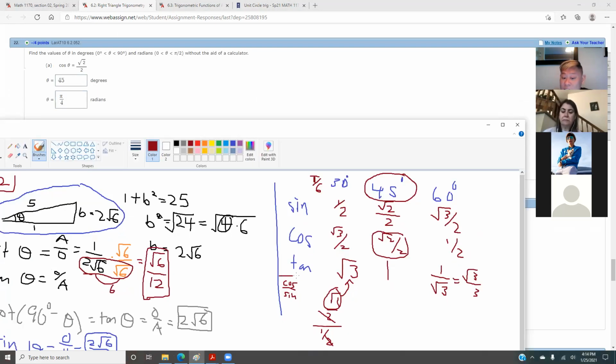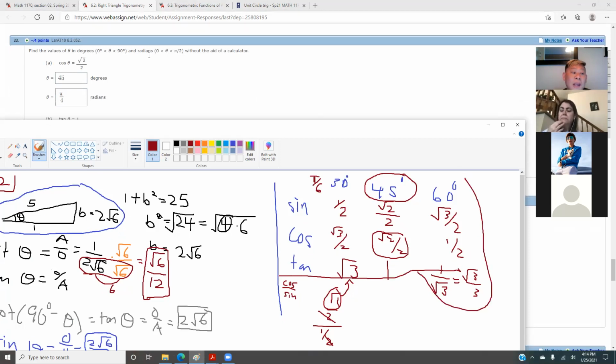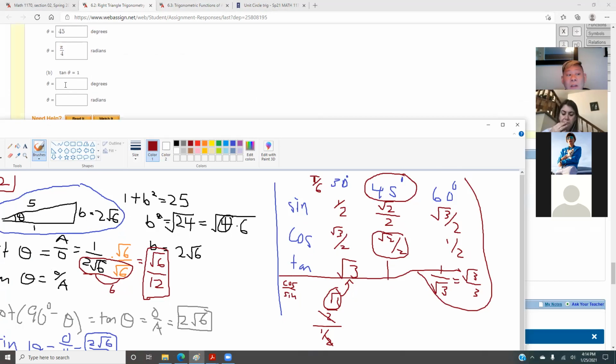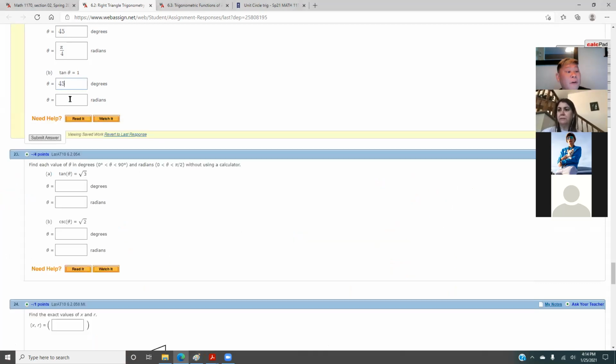If you know the chart we just did, you'll be able to do this. Can someone tell me what theta makes tangent theta equal to 1? Also 45, the same thing as above, so 45 or pi/4.